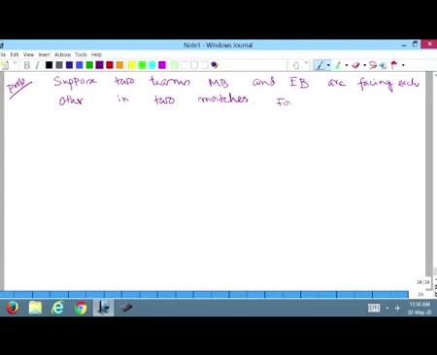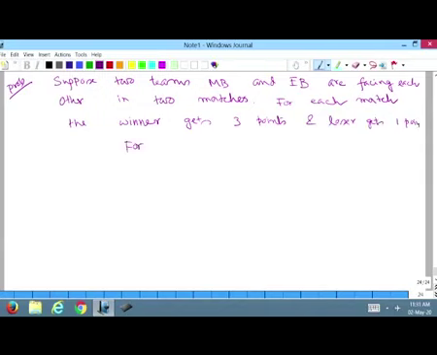For each match, the winner gets 3 points and the loser gets 1 point. For a drawn match, both the teams get 1 point each.